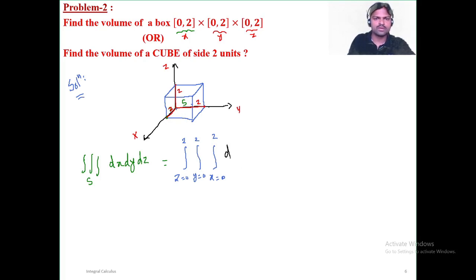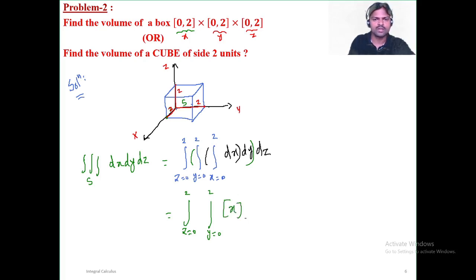First with respect to x, next with respect to y, and at the end with respect to z. So now the integration of z is from 0 to 2, and y is also from 0 to 2, and for dx, x is varying from where to where?